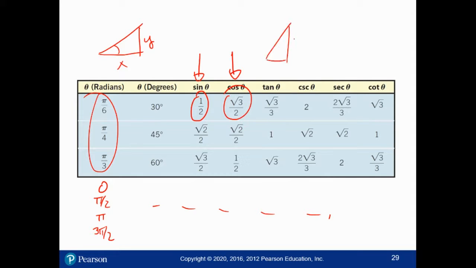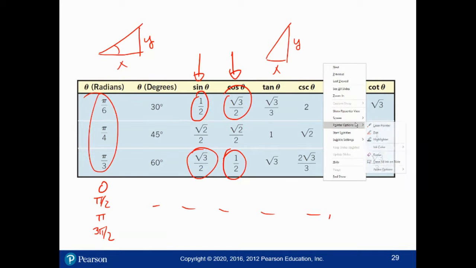But for 60 degrees, the y coordinate is going to be bigger than the x coordinate. It's taller than it is wide. So for 60 degrees or pi over 3 radians, the big number, root 3 over 2, is my y coordinate or the sine. And the small number, 1/2, is the x coordinate or the cosine. I genuinely think that every time these things come up. Okay? I have not memorized this chart. Math is really not about memorization.